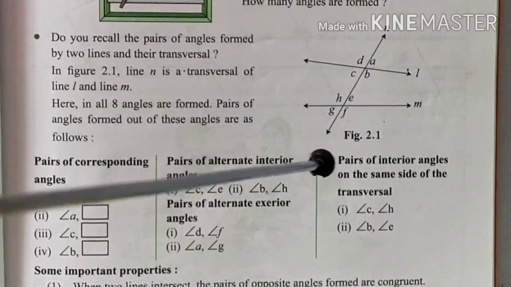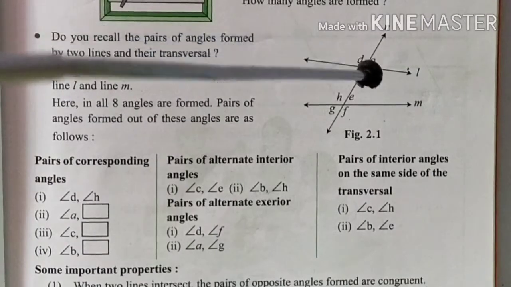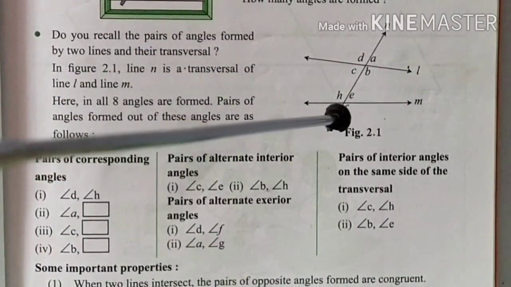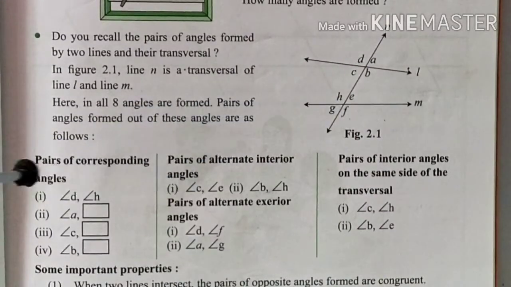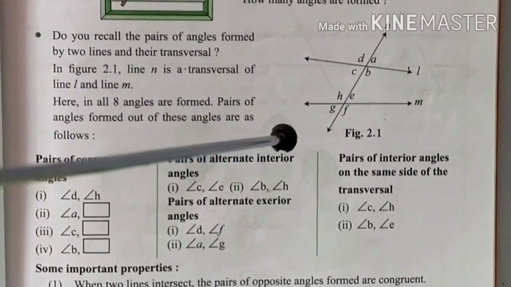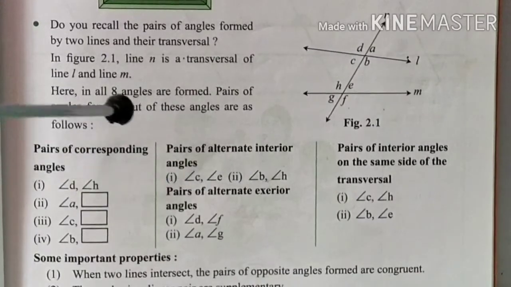As the transversal line intersects two lines, eight angles form at the intersection points, and we have the pairs of angles formed by that transversal. Now one by one we discuss these pairs of angles.